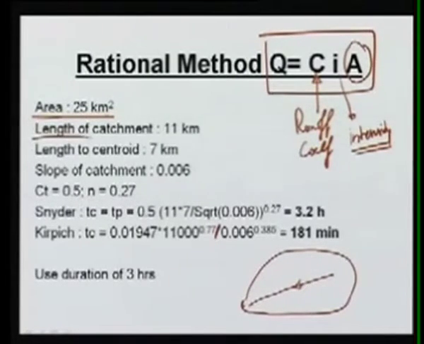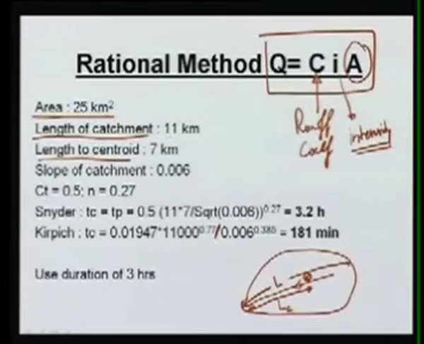The other parameters which are given for the catchment are the length and the length to centroid. So the length along the water course, L, and then the centroid of the area may be somewhere here, the point directly opposite that on the water course we can write as Lc.